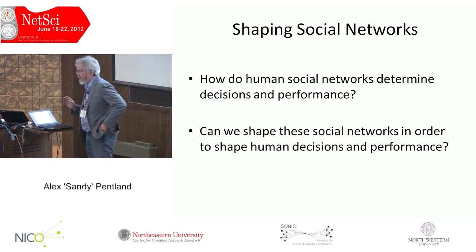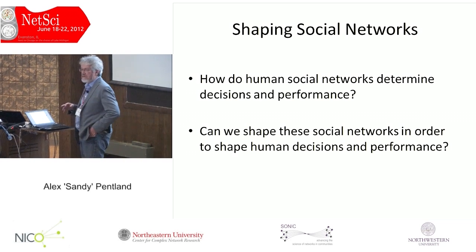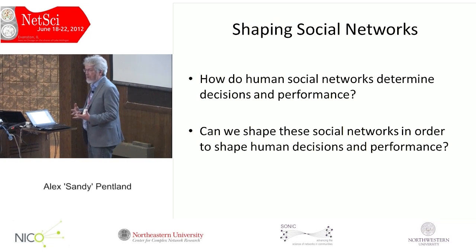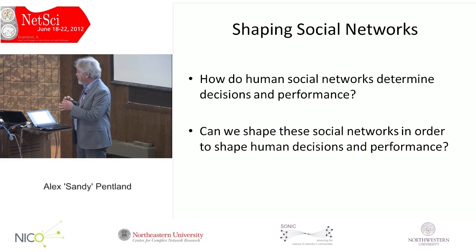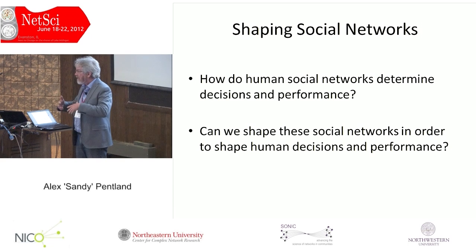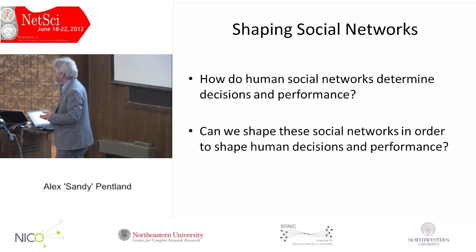So the thing I want to talk about is, how do human social networks determine decisions and performance? That's a complicated question, obviously, because at least traditionally it has to do with information and arguments and logic and so forth. But we also know that there are simply effects of exposure, of information foraging, fairly simple processes that you can see in animals that are also present in people.